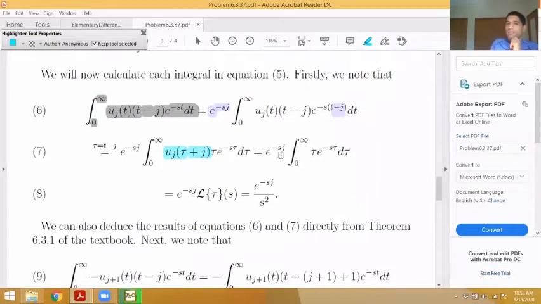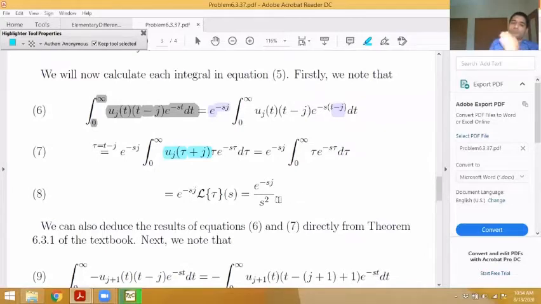And then, once we get to this point, we realize that this integral is just the Laplace transform of tau, or if you want, the Laplace transform of t. So if we look that up from a table, or if we just memorize it because it's one of the basic Laplace transforms, then the Laplace transform of tau, evaluated at s, is 1 over s squared, and I multiply it by this e to the negative sj, so it becomes e to the negative sj over s squared.